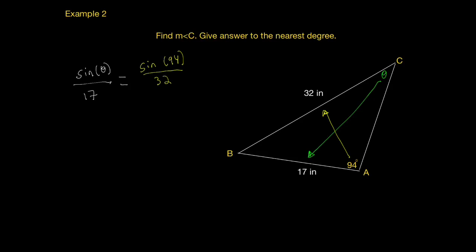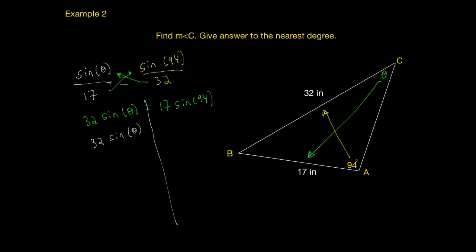Now I can apply the cross multiplication since I have a proportion, so I get 32 sine of theta equal to 17 times sine of 94. And let's split this up to differentiate the left from the right. And here I'm going to get 32 sine theta is approximately equal to 17 sine 94.